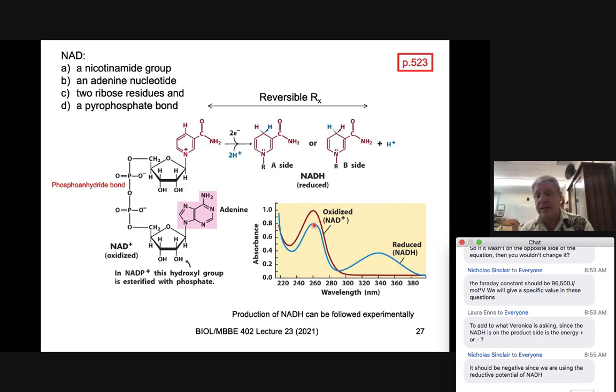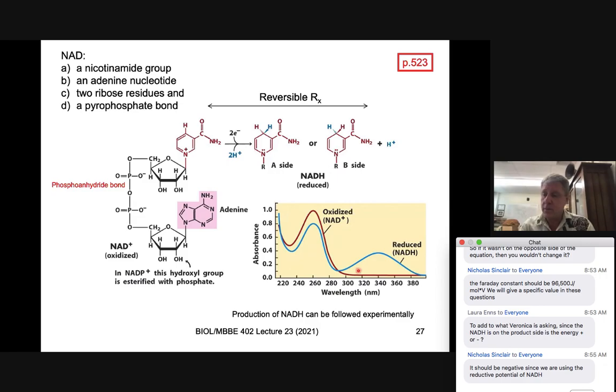But we do see a little bit of a decrease in the reduced NADH around 260 nanometers. Again, it's not as apparent as the increase in the reduced NADH at 340 nanometers. So we can experimentally visualize what's occurring with these particular reactions.